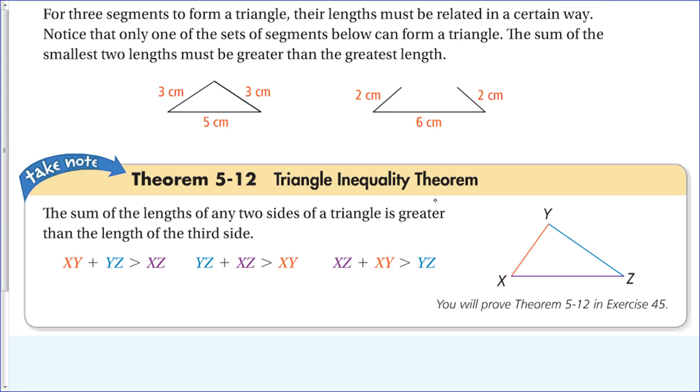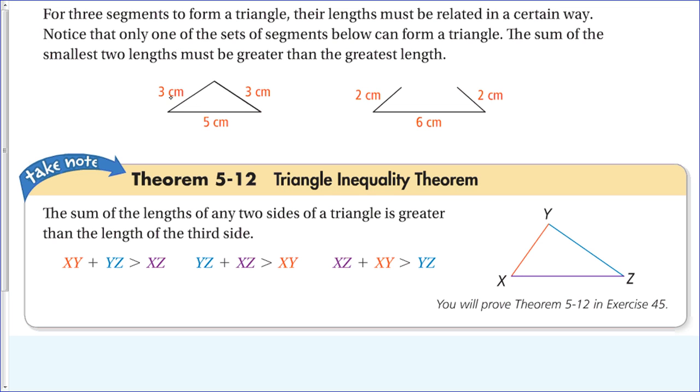All that means is this: if you're given three numbers and asked, can this make a triangle? Find the two smallest ones, add them together. If they're greater than the largest number of the three, it'll work. If it's the same or smaller, it won't work. That's basically what this whole thing says.